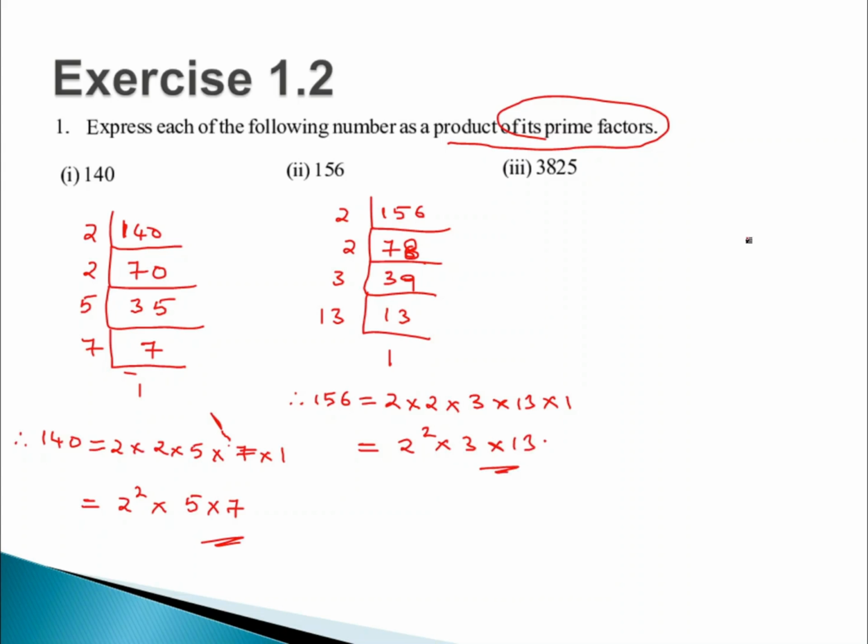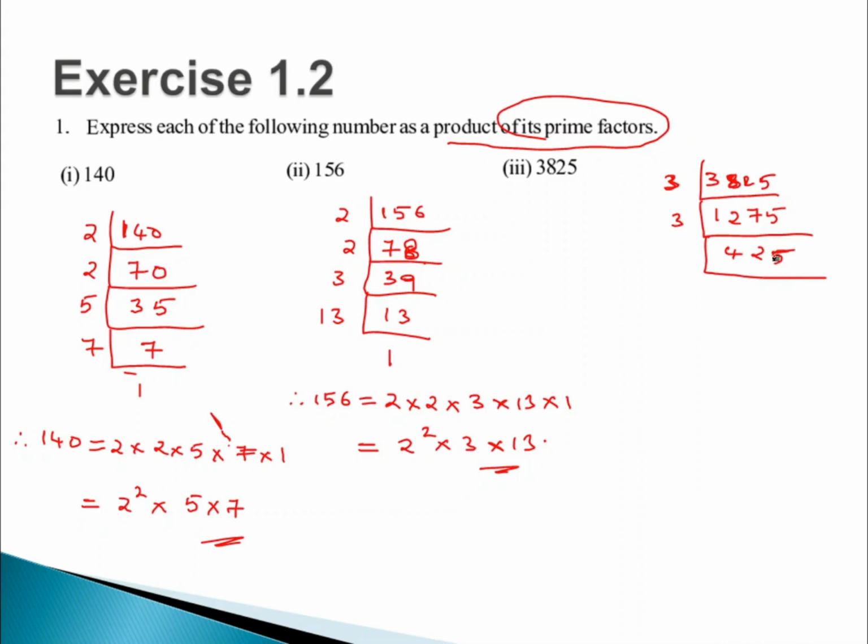Okay, so let's look at it this way. 3825. See, I'm dividing this with your 3 table. When I'm dividing this one with your 3 table, we get 1275. This is also divisible in your 3 table only, giving 425.